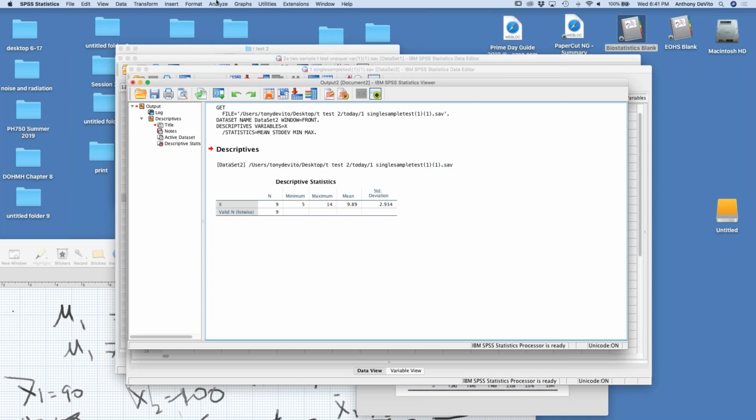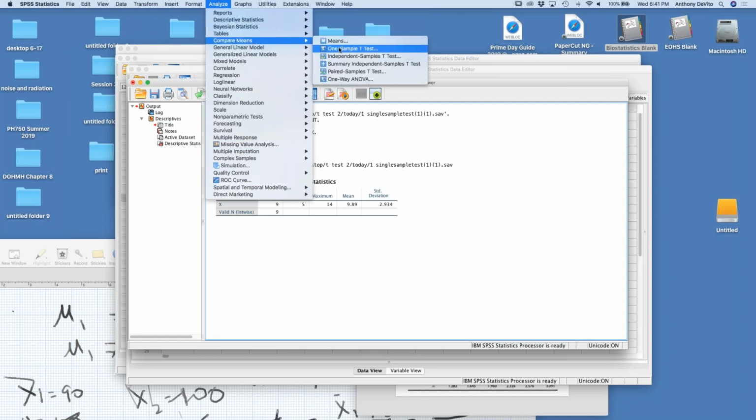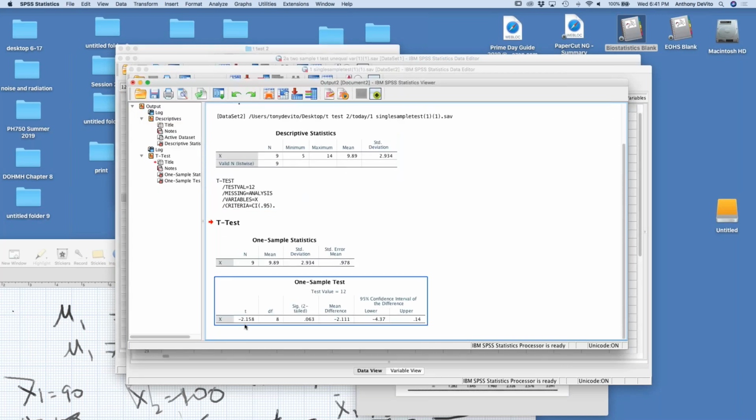So I'm going to go Analyze, Compare Means. This time it's the One-Sample T Test. Again, we only have one sample to put in here, and then we compare it to the known population mean of the other group. That's our test value, where we put in the mean of the other group. Click OK, and SPSS very quickly calculates.